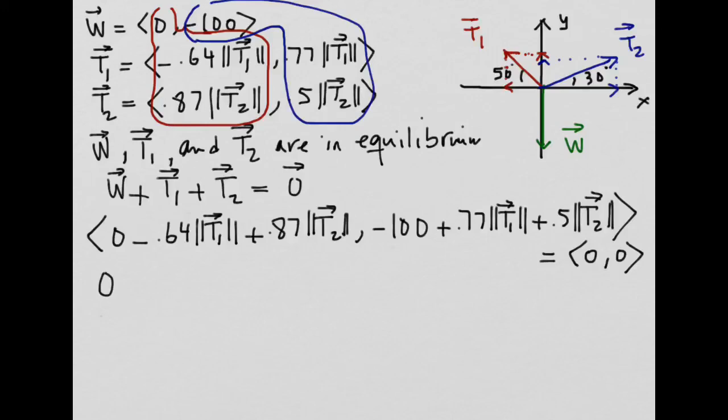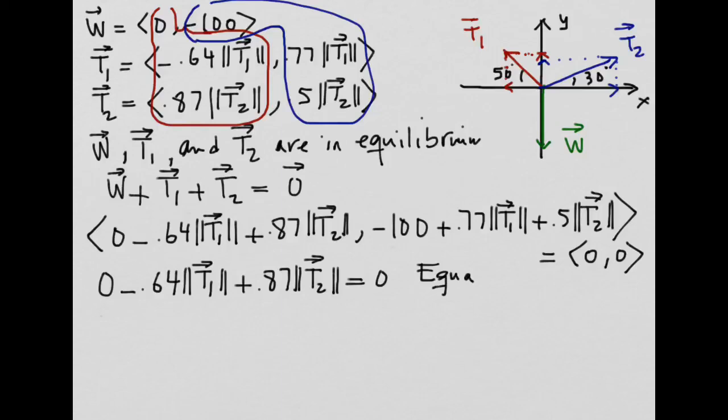0 minus 0.64 times the magnitude of T1 plus 0.87 times the magnitude of T2 equals 0. We'll call that equation 1. What I did here is that I simply equated the first component of the vector on the left with the first component of the vector on the right.